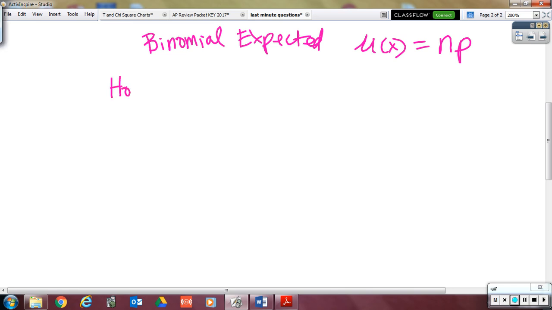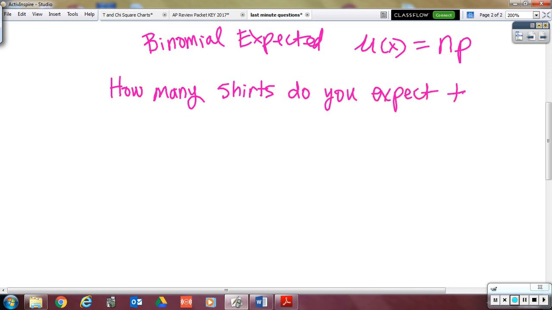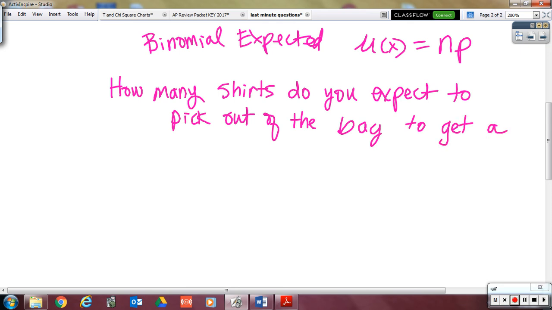How many shirts do you expect to pick out of the bag to get a blue shirt?